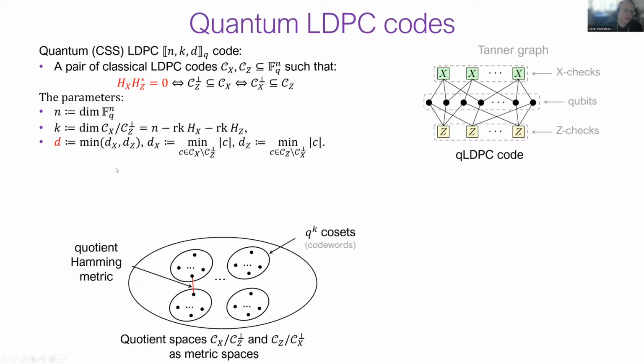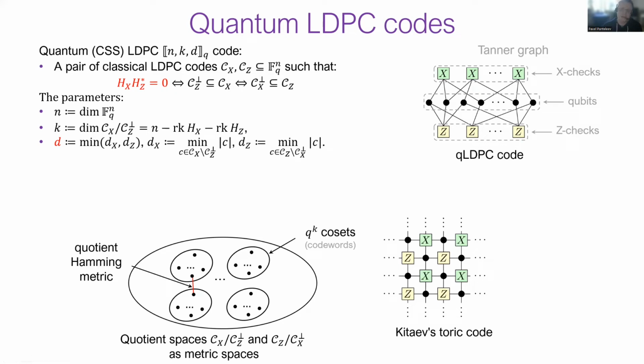We also have the minimal distance, and this distance may seem different, but in fact it is helpful to consider these quantum codes as quotient spaces with the quotient Hamming metric. In this quotient space we have cosets, and we call these cosets code words. The minimal distance is just the minimal distance between different cosets.